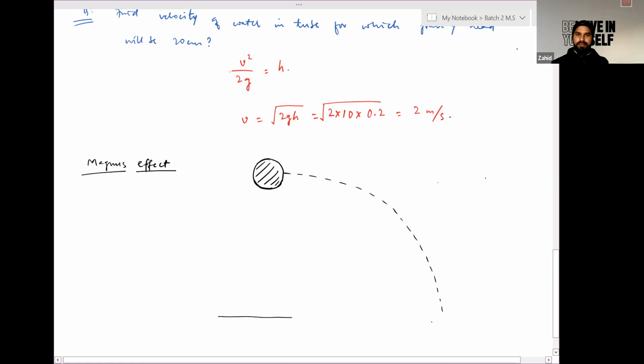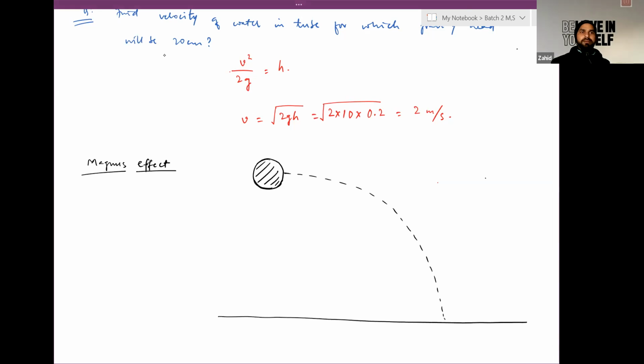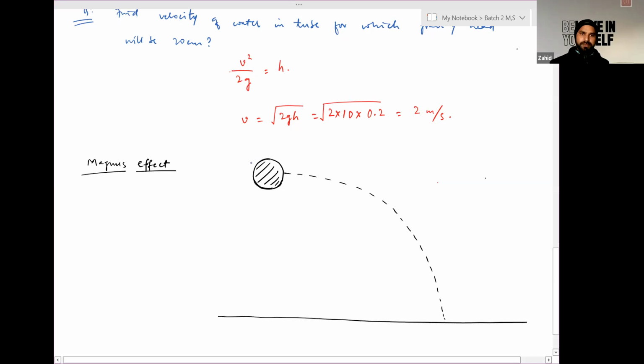Let's say this is horizontal line or ground. Now, if it is projected by spinning, let's say in clockwise direction, like this. So will there be any effect in its path while spinning in clockwise direction or in anti-clockwise direction?